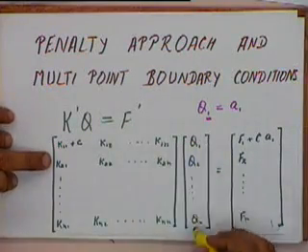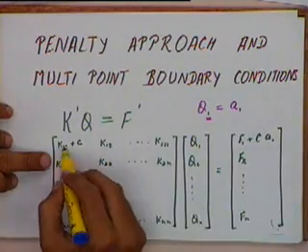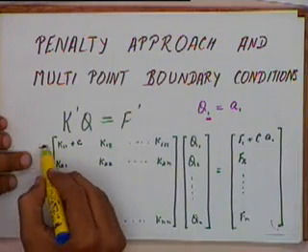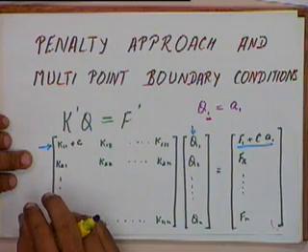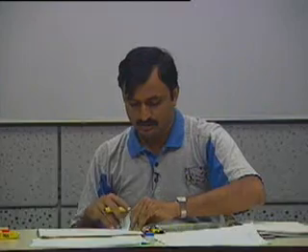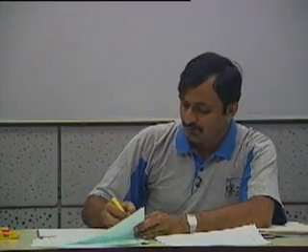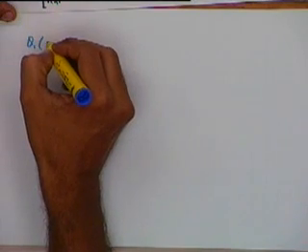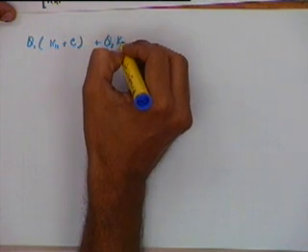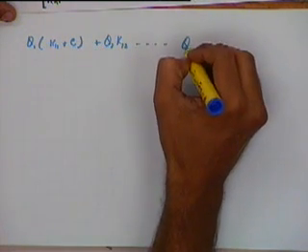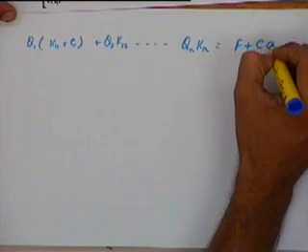If I consider this system of equations, the first equation is this row multiplied with this column giving us this term, which I can write down as Q1 multiplied by K11 plus C, plus Q2 K12, and so on till Qn K1n, is equal to F plus C times A1.